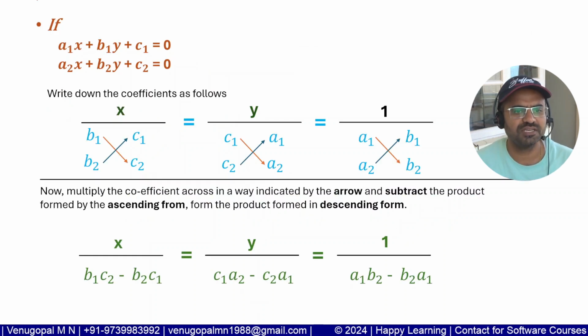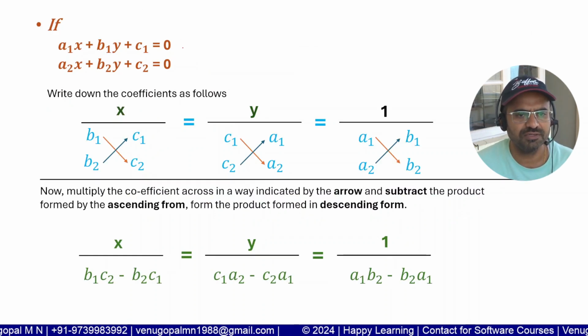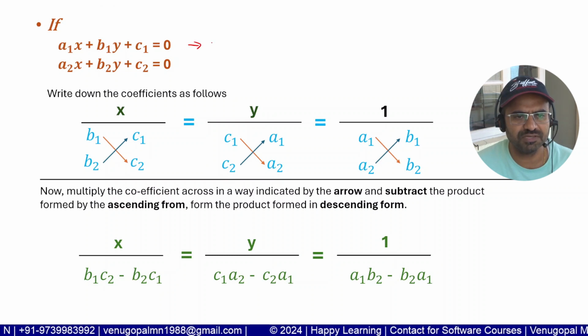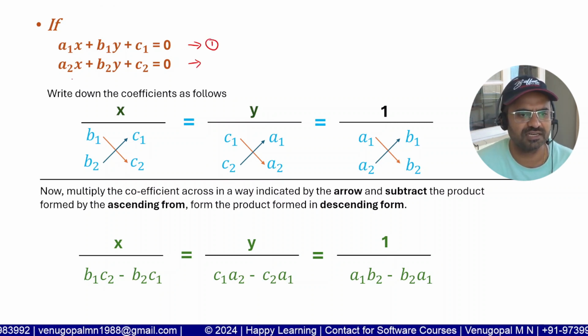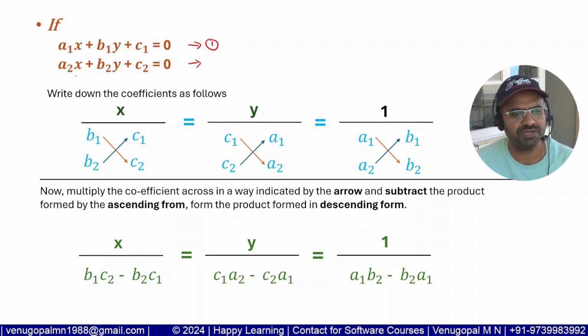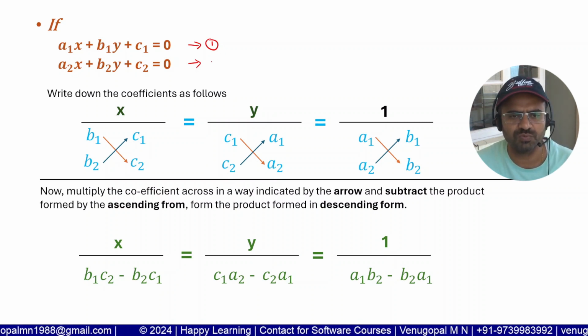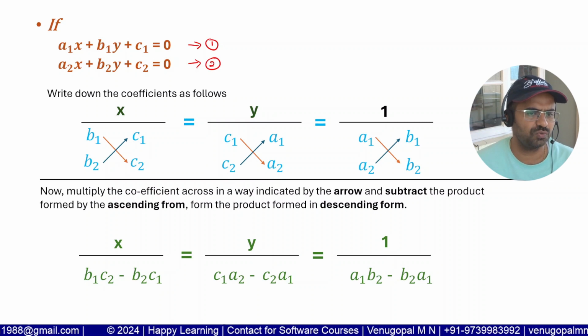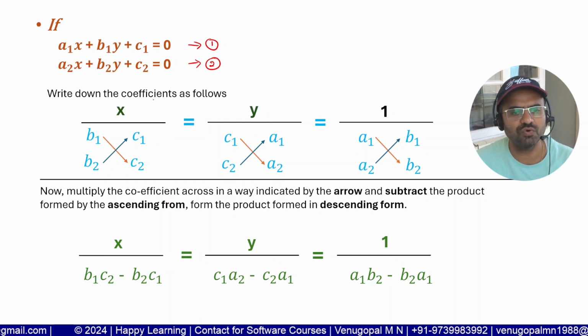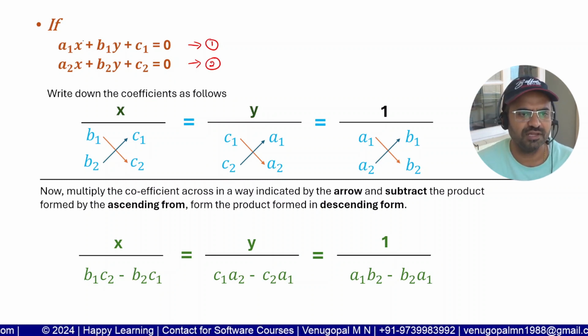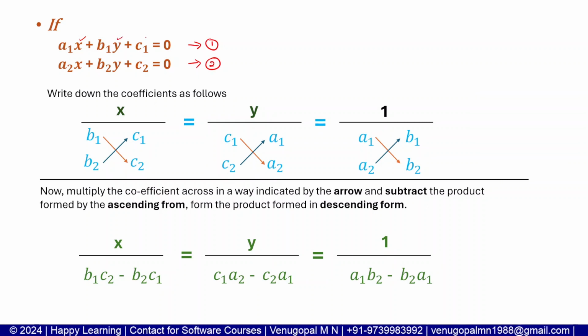So, with the same formula, a1x plus b1y plus c1 is equal to 0 is equation 1, and the second equation a2x plus b2y plus c2 is equal to 0 is equation 2. Now we have to write down the coefficients as follows. We have x, y and the constant value. Now write x.